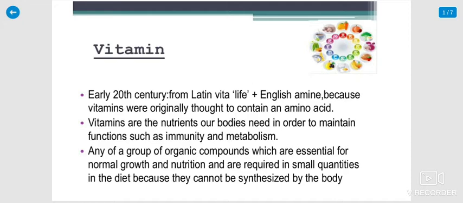The Latin word vita means life, so these organic compounds are most essential in our life and our growth.